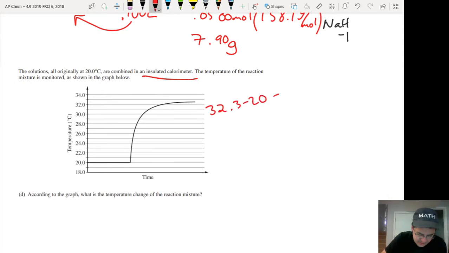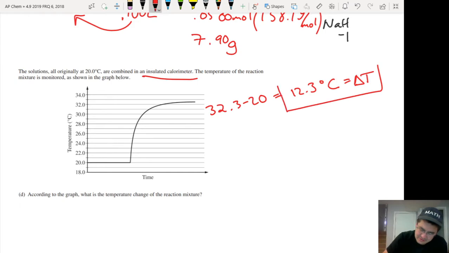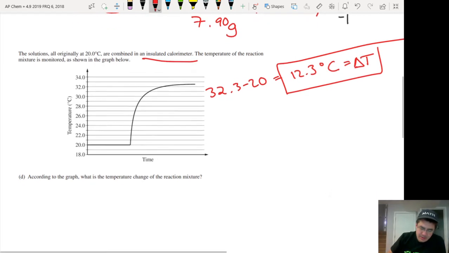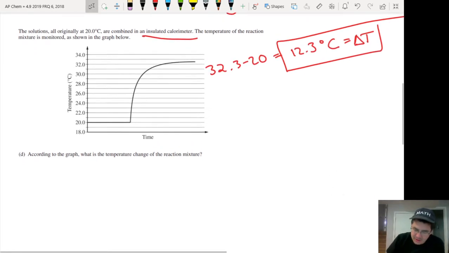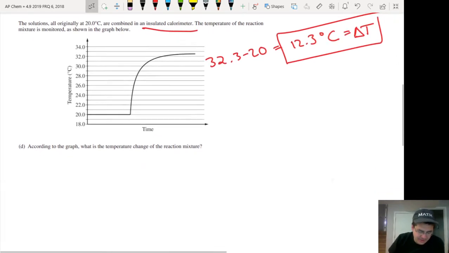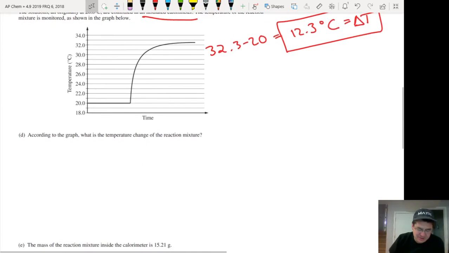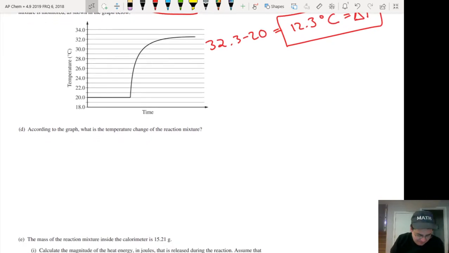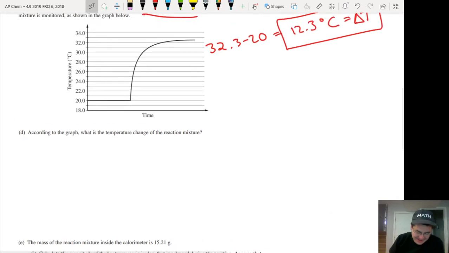Very good. Which would be 12.3 degrees Celsius, which is delta T. Isn't it 12.7? No, 32.3 minus 20 is 12.3, right? Yes. Very good. That would be a really nice question to get on the AP test. It's all just like that, like 50 times.